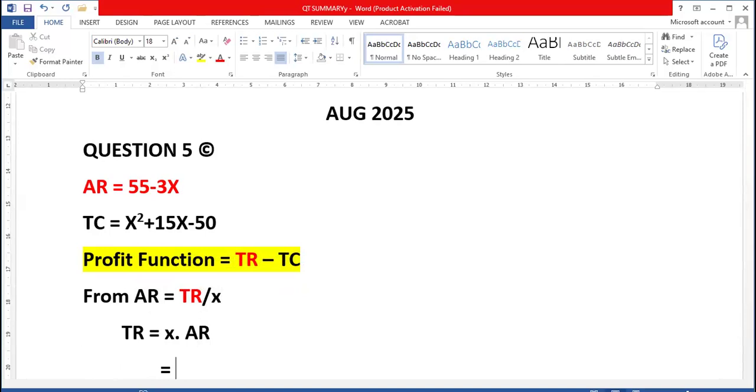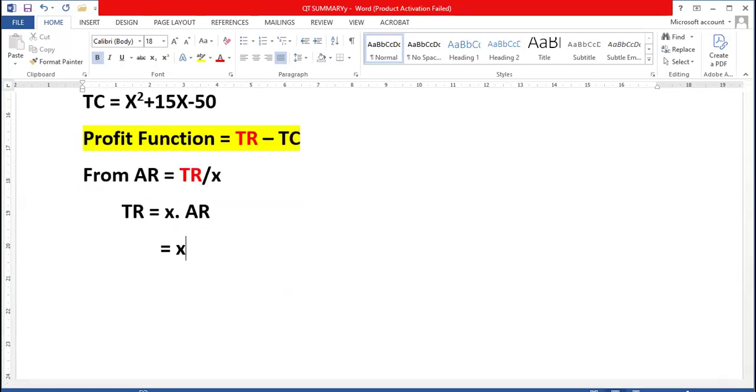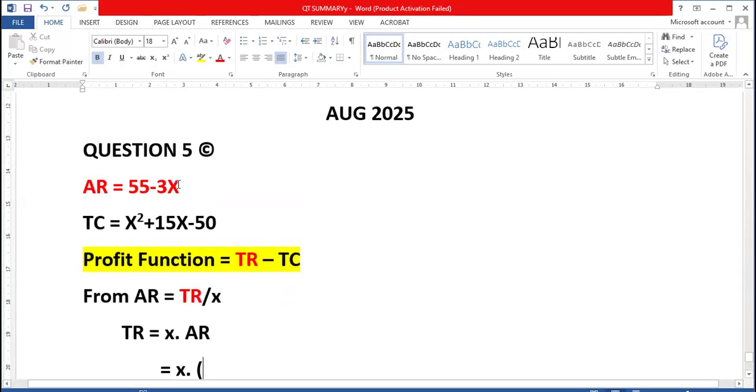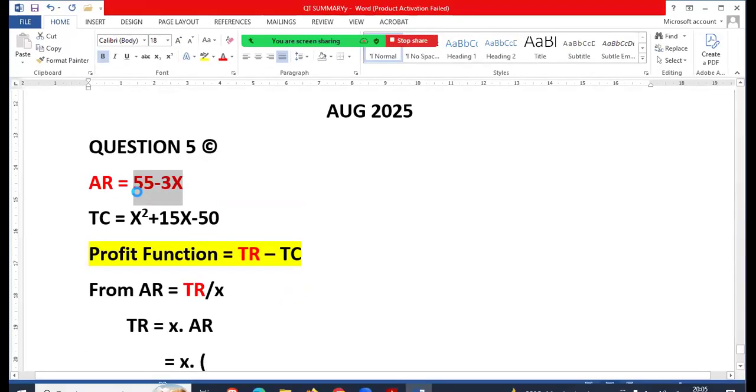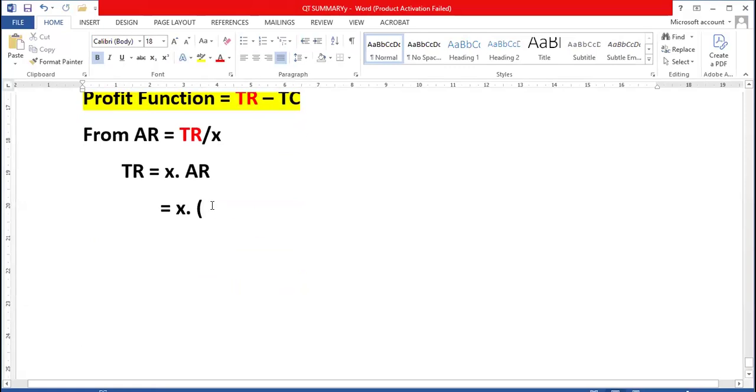Here you're supposed to just use your common sense, guys. Don't think that everything will always be direct. Sometimes you have to know that total revenue is different from average revenue.